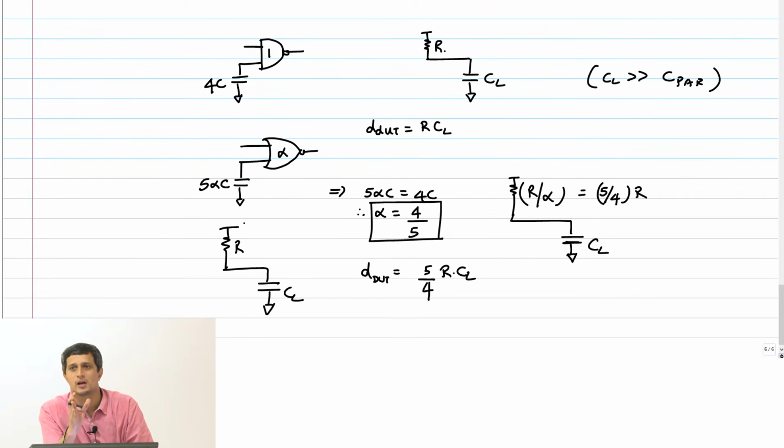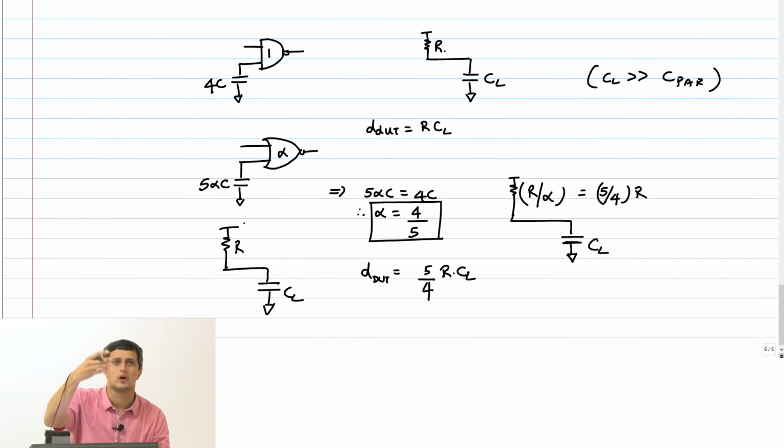The inverter, because it has no stack, no NMOS, no PMOS stack, has the best logical effort of 1, defined to be 1. Okay? Any other gate, the moment you implement any logic, there is bound to be some sort of a logic stack, which means your capacitance goes up because you have already upsized the gate a little bit, right?